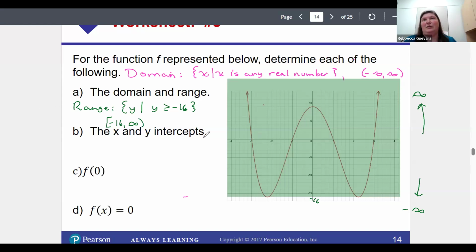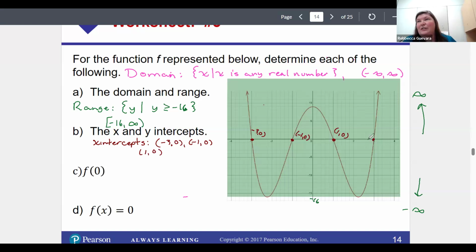Okay, so x-intercepts, we have several. We have one here that might be hard to see, but that is negative 3, 0. We have one here at negative 1, 0. We have one here at 1, 0.